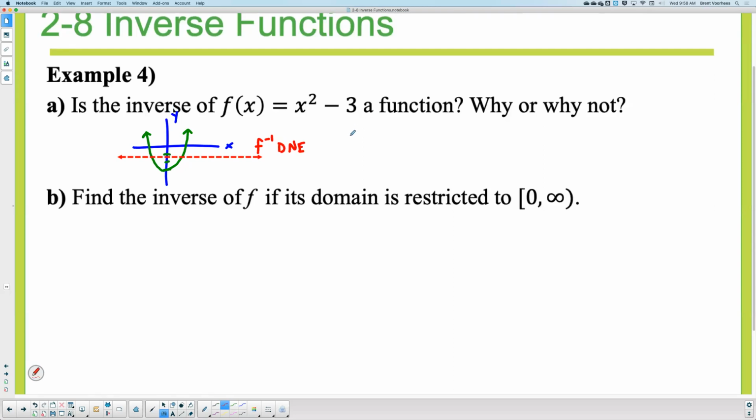Said another way, the inverse of f is not a function since f fails. What test did I just do right there? The horizontal line test.